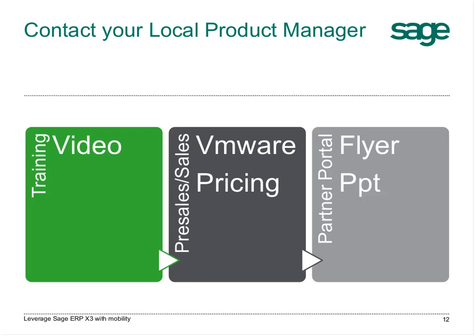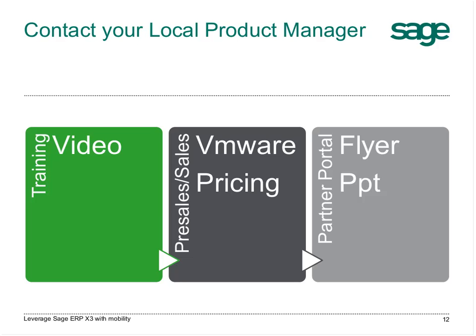Regarding sales, we will deliver a new pricing in the next weeks. And regarding collaterals, you will be able to download a PowerPoint presentation, a flyer, and a video in English, of course.